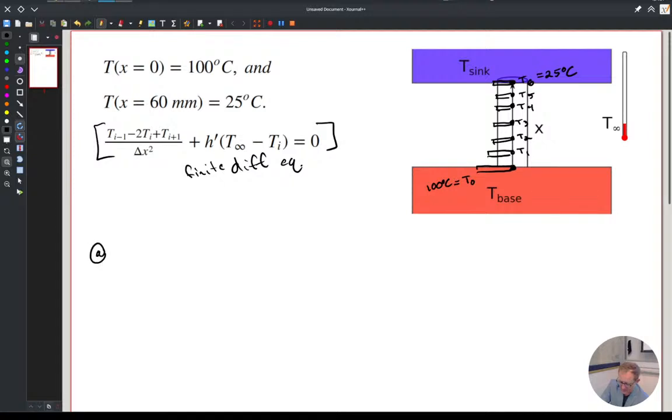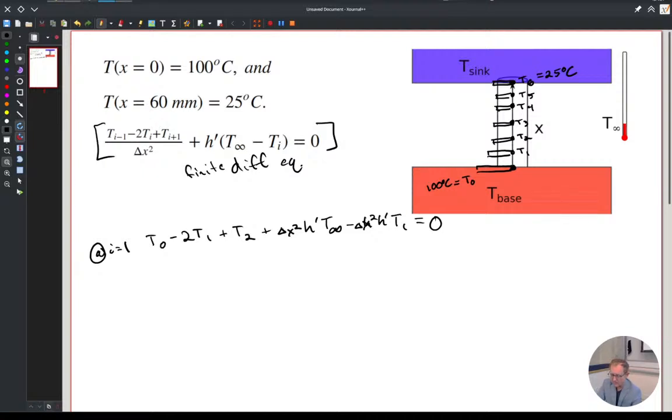So at i equals 1, which is the first temperature I'm looking for, I have T0 minus 2T1 plus T2 plus delta x squared h prime T infinity minus delta x squared h prime times T1 equals 0.